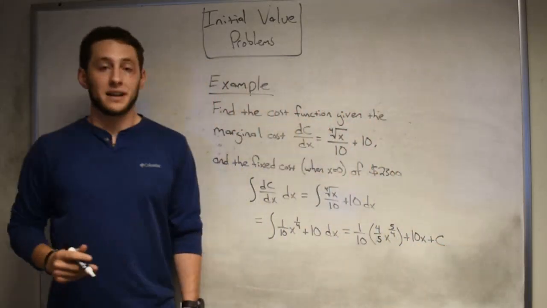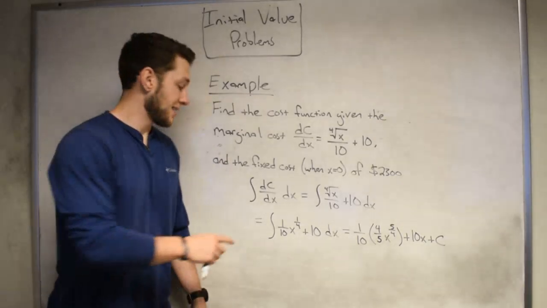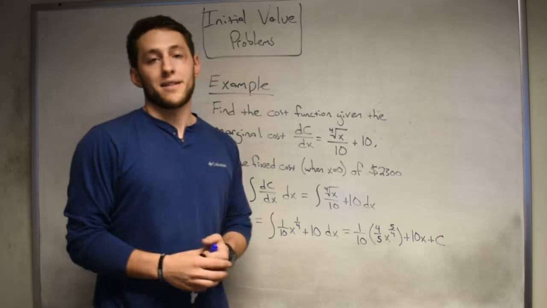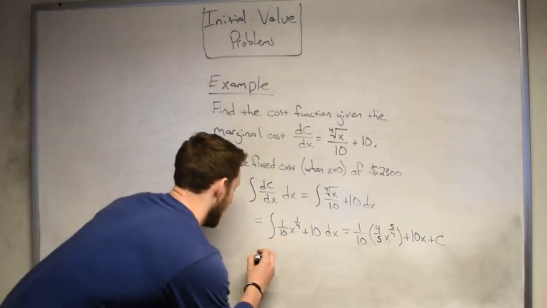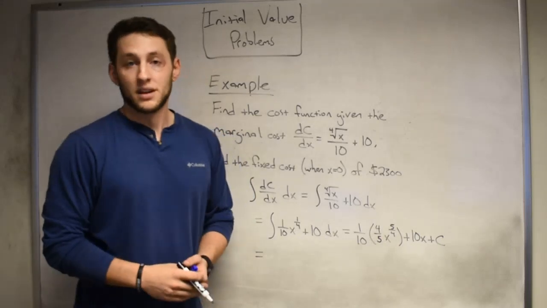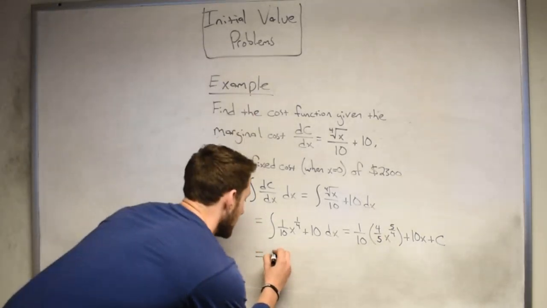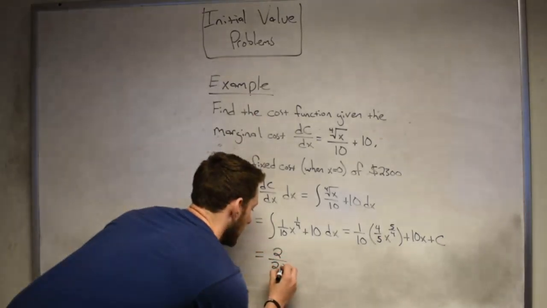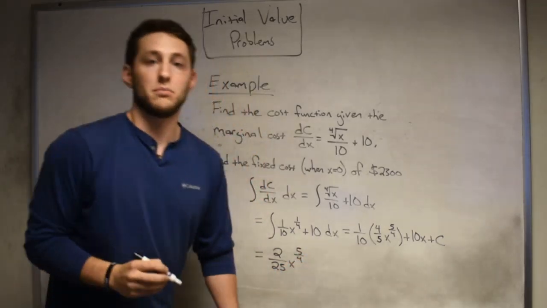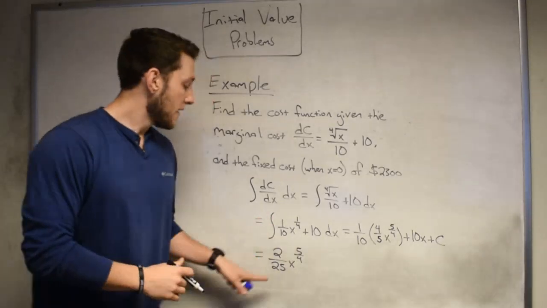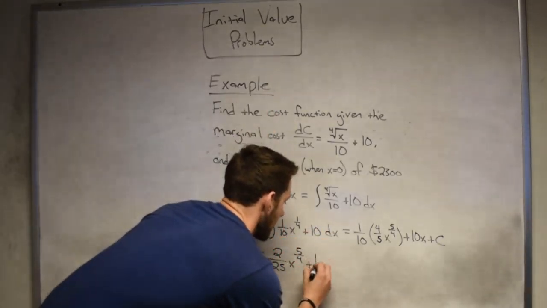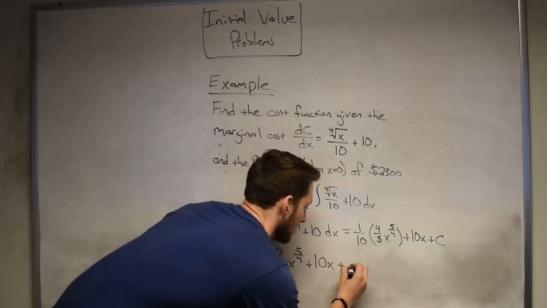And last but not least, never forget the plus c when it's an indefinite integral. Alright, well now we just got to simplify out. Turns out that 4/5 times 1 over 10 would be 4 over 50, or simplified out, 2 over 25. So our general solution, meaning the one without c figured out, is 2 over 25 times x to the 5/4 plus 10x plus c.